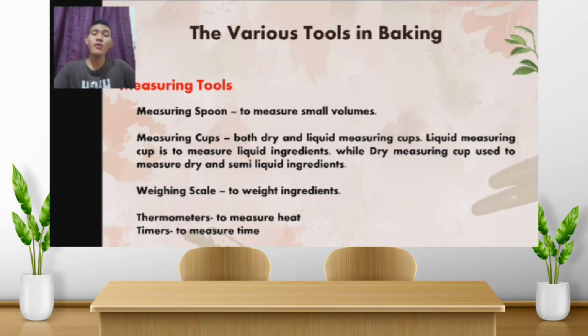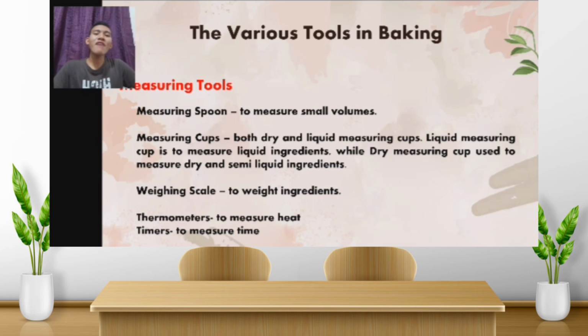For example, for the liquid ingredients we have milk, water, and any liquid ingredients used in baking. And for the dry measuring cup, examples are the butter, the flour, the sugar, the oil, and etc.